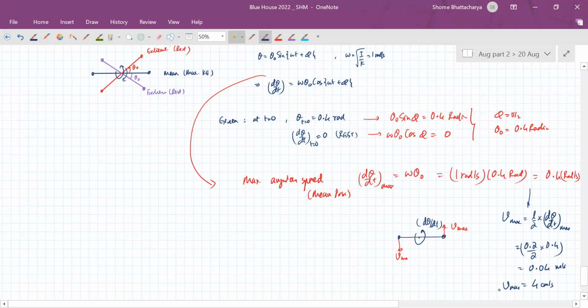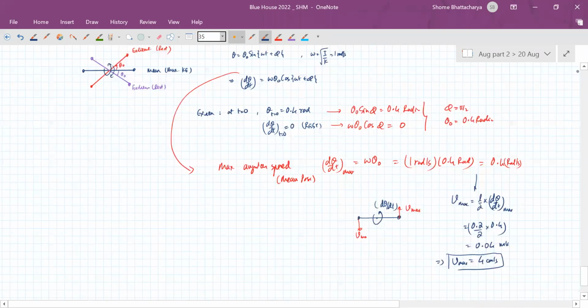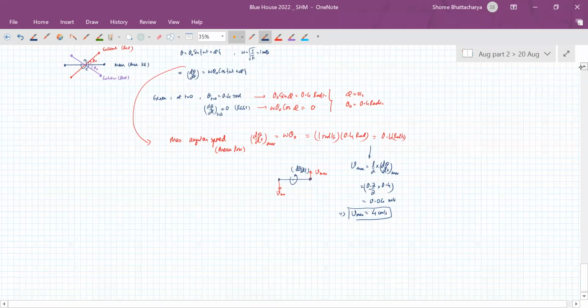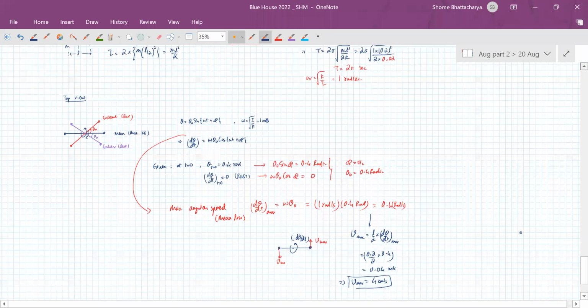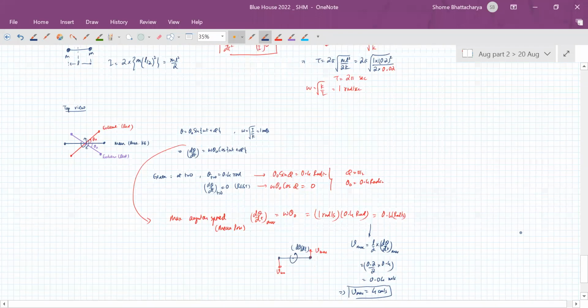So the maximum speed that they experience is 4 centimeters per second, whereas the maximum angular displacement to which they go is 0.4 radians. So that is how the motion of that dumbbell will look if you're seeing from above, or from below.